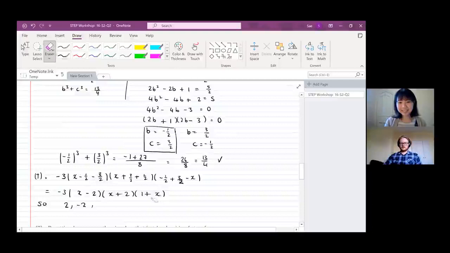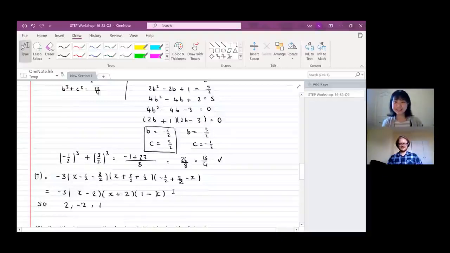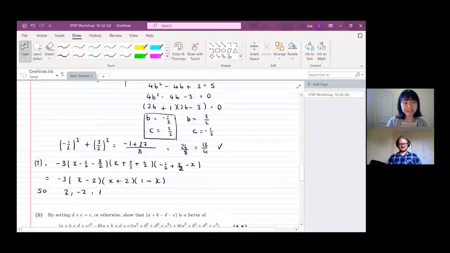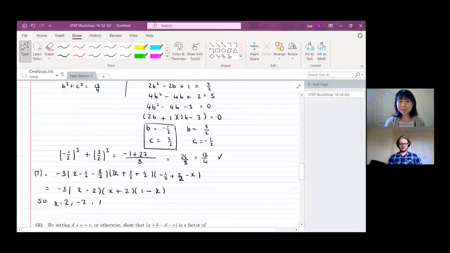Yes. Good point. That's a 1 minus x. And so this should be a 1. I know this because I have done this question and hopefully it was right the first time. But anyway, so x is equal to 2, minus 2, 1. And that's the first part of the question.